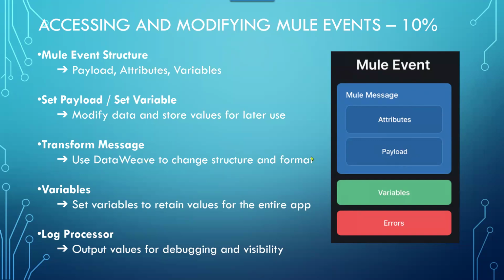We'll do a segment also on DataWeave, but the payload is going to be added and modified throughout the flow as it progresses forward, because we might use our variables to build out a value in our payload, that type of thing.